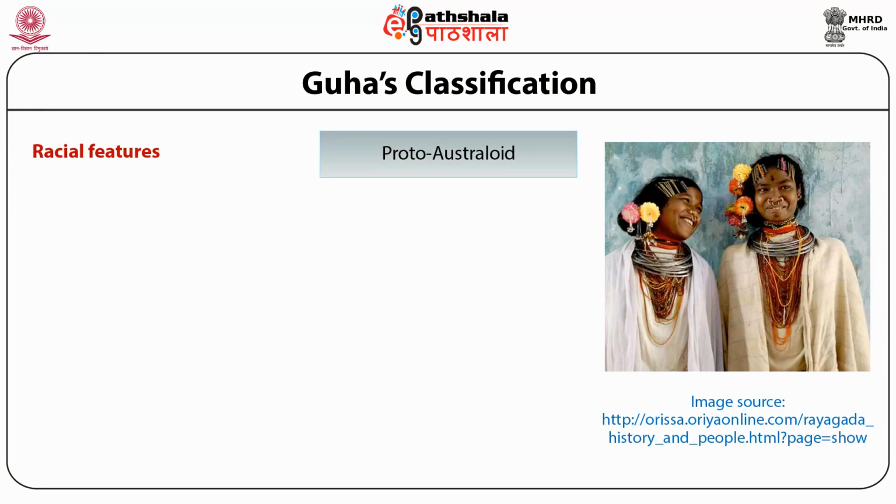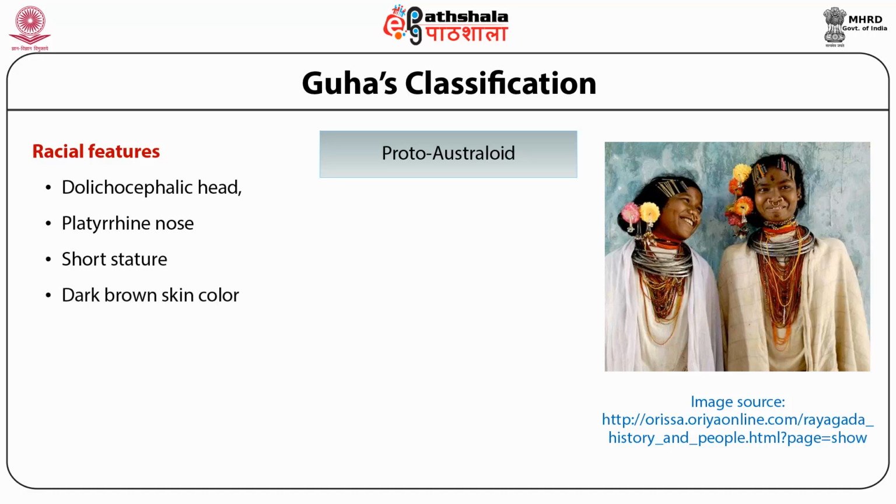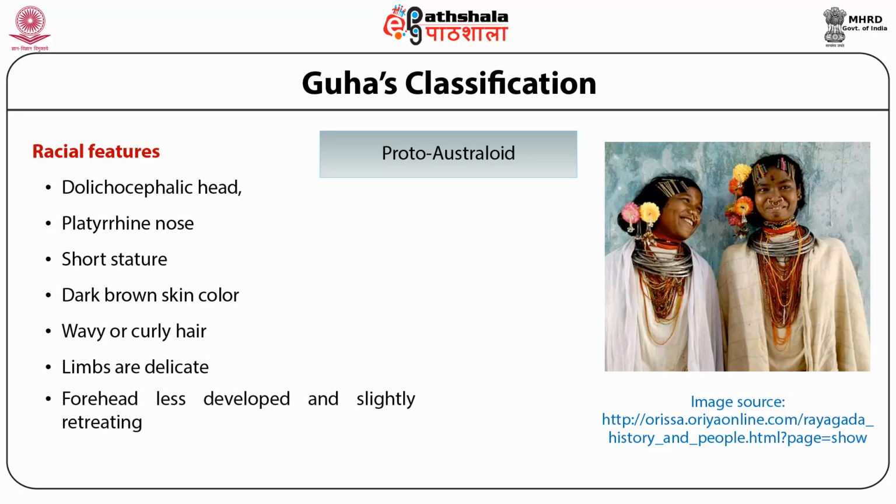Proto-Australoid type are characterized by a dolichocephalic head, a markedly platyrrhine nose which is depressed at the root, short stature, dark brown skin color, and wavy or curly hair. Limbs are delicate, the forehead is less developed and slightly retreating. Supraorbital ridges are often prominent. They are closely akin to the Australian tribes.